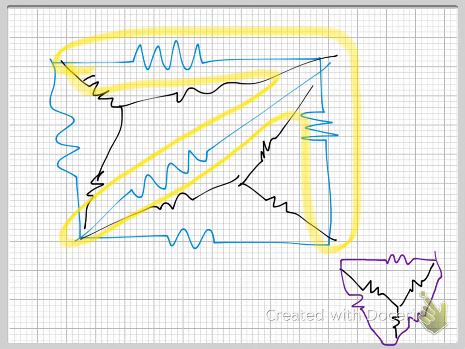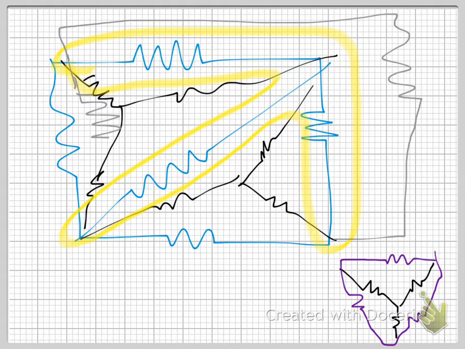Okay, let us draw this in gray. It's a nice cloudy day outside, so let's gray it out. So this delta means we are going to have one resistor there, one resistor here, and one resistor there.